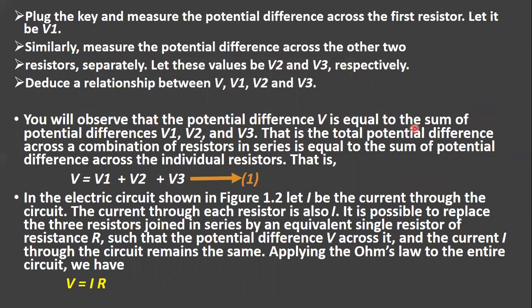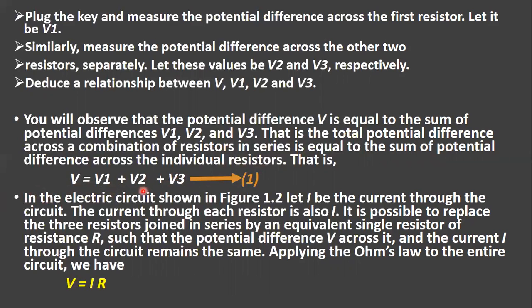That is, the total potential difference across a combination of resistors in series is equal to the sum of the potential differences across the individual resistors. That is, V equals V1 plus V2 plus V3.